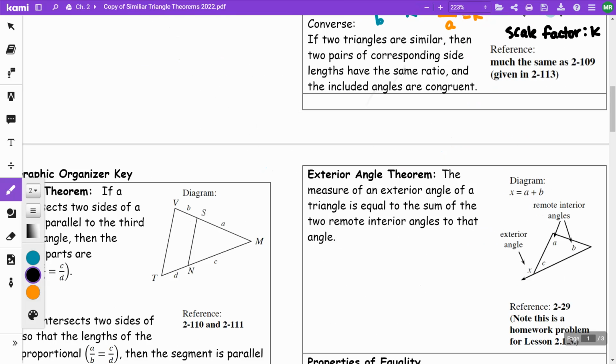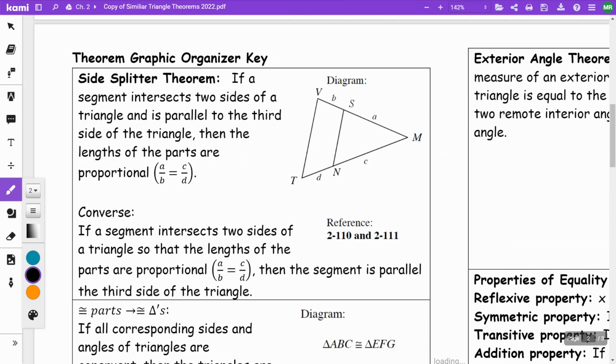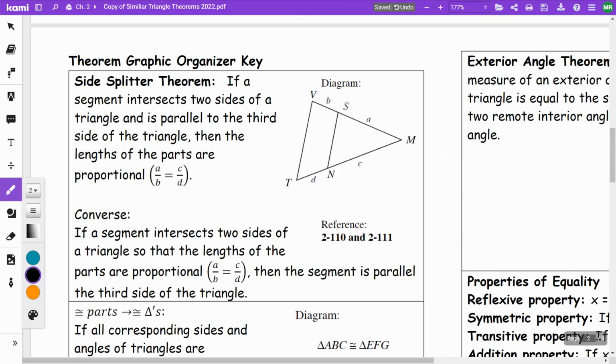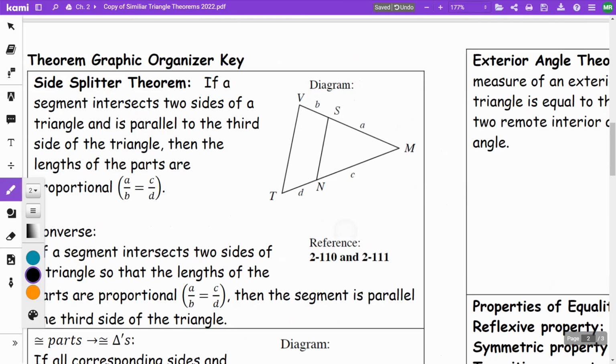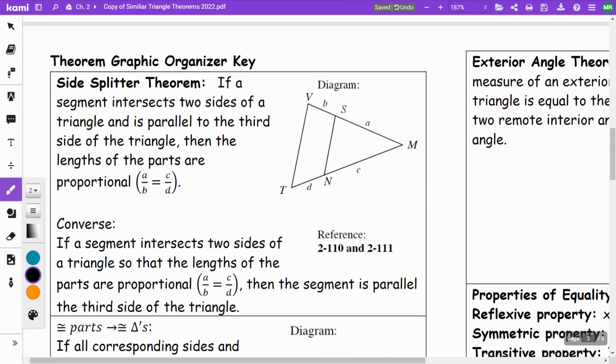On the next one here, this is the side splitter. And what happens with the side splitter is you have similar triangles here, where this and this are going to be parallel bases. Okay, they're parallel to each other, and that's not the side that's being split.